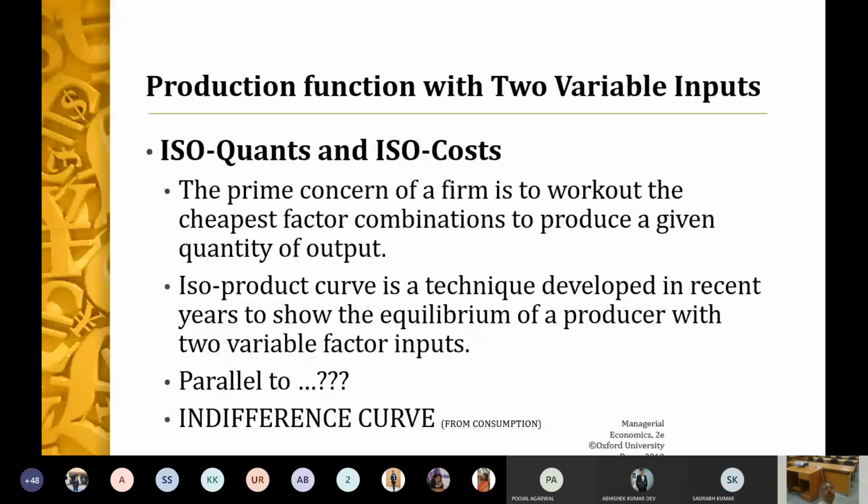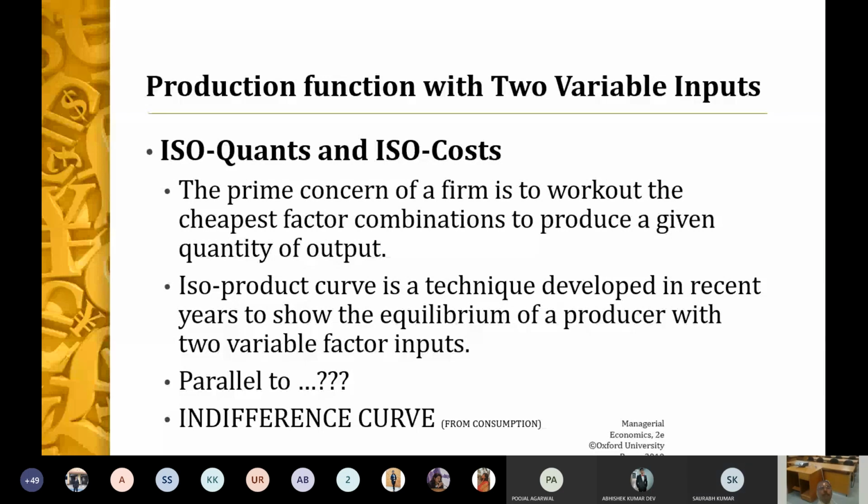So in the isoquant, we draw a graph where the production output is going to be the same when we vary the two variables. And in the isocost, the same cost will be there on the graph when we vary the two variables. So these are the two graphs that we will be learning, drawing, and understanding.